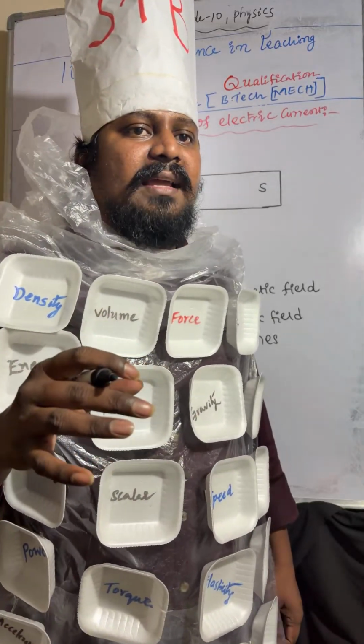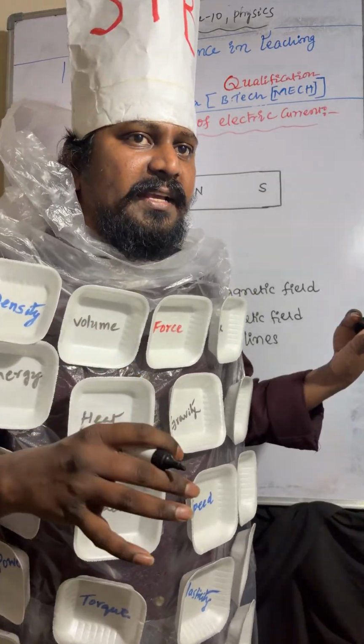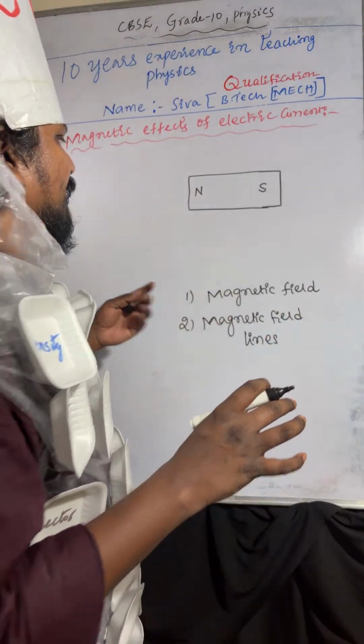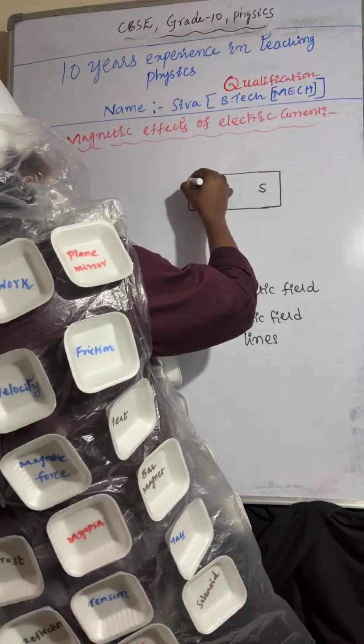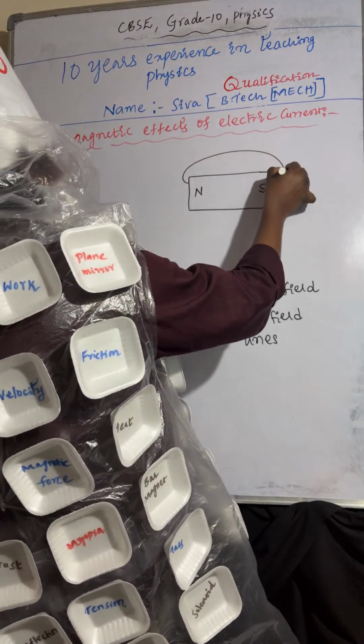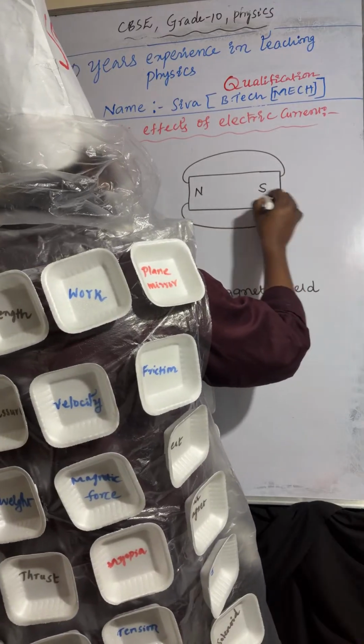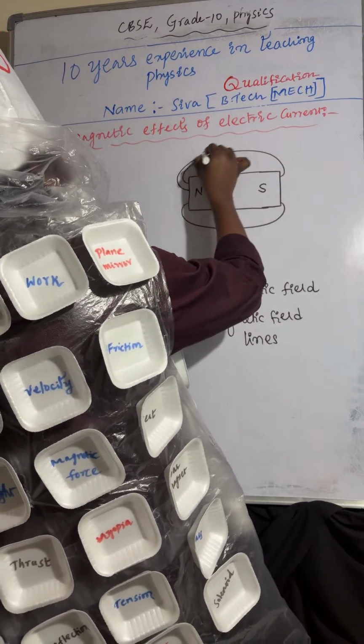So coming to the magnet, the region or space around the magnet in which magnetic force is exerted is called the magnetic field. Around the magnet, the field will be like this. You can observe it like this.